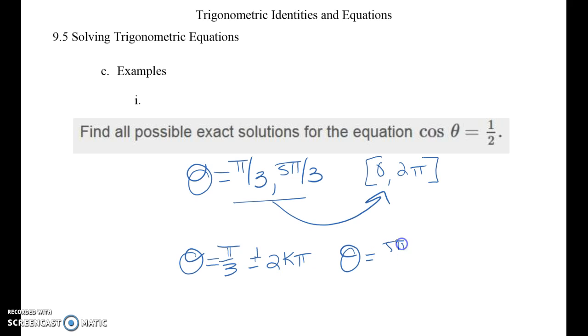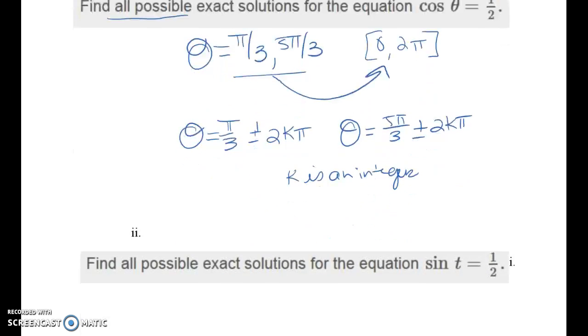Then we can also say 5 pi over 3 plus or minus 2k pi, and again that's just going to cycle through, and this is all where k is an integer. So those are all possible exact solutions for this equation. We used our unit circle to get the two within the first period, and then we were able to write it in a more general sense for any other periods that we go through.